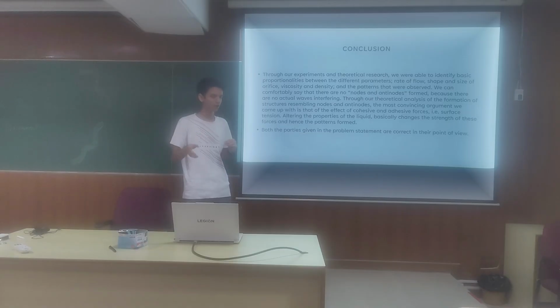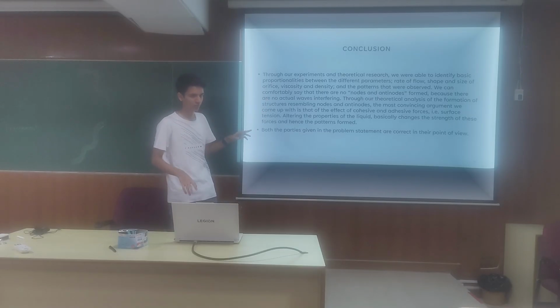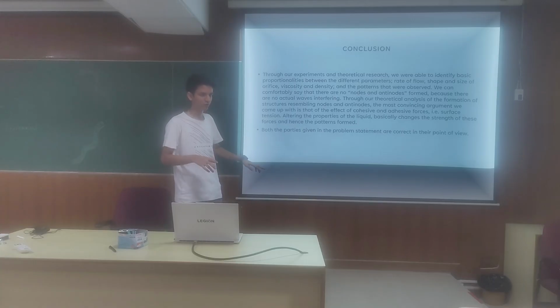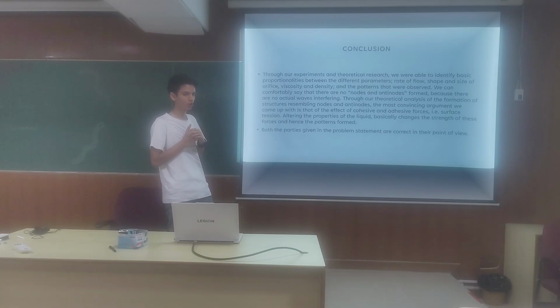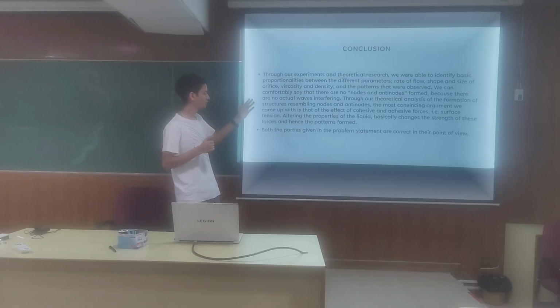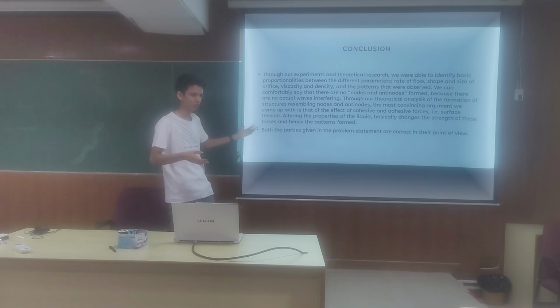And we can also say that nodes and antinodes are not formed because in the classical definition of nodes and antinodes, there is supposed to be interference of two waves, due to which nodes and antinodes are formed. That's maybe why the reviewer rejected it instantaneously, because there are no two waves forming. If we consider it's only one wave, that's why we can say that there are no exact nodes and antinodes formed.